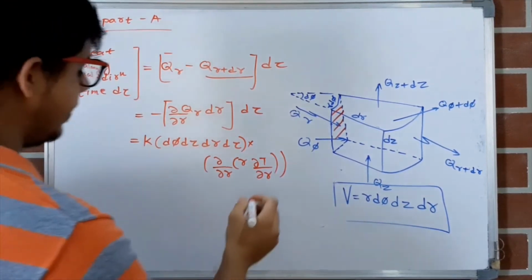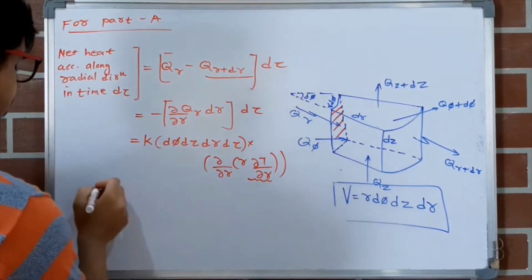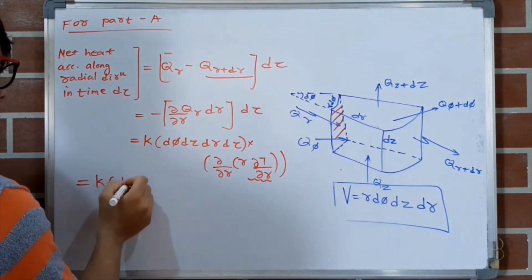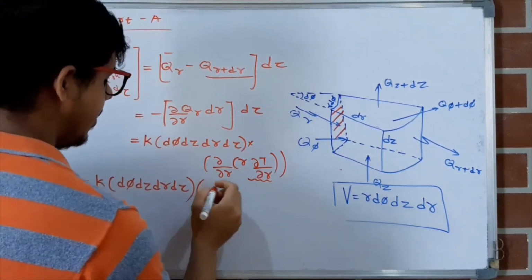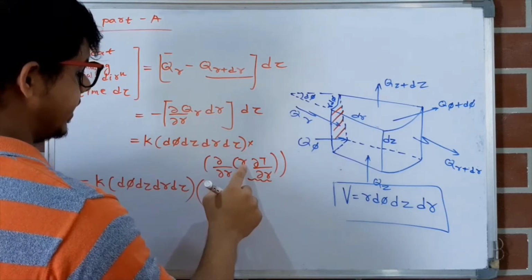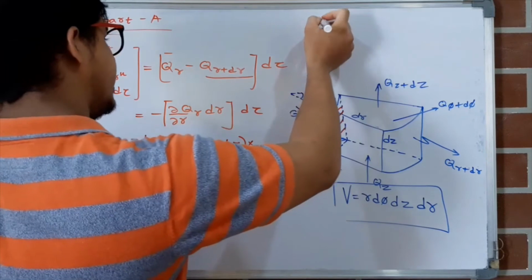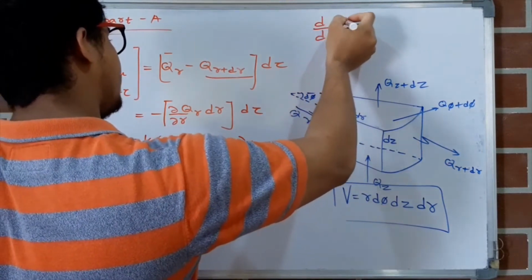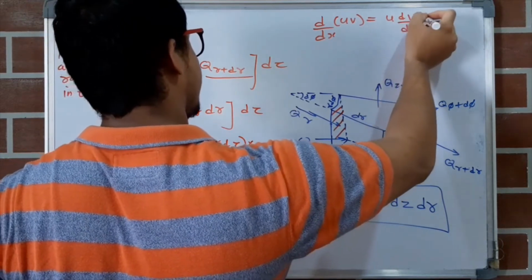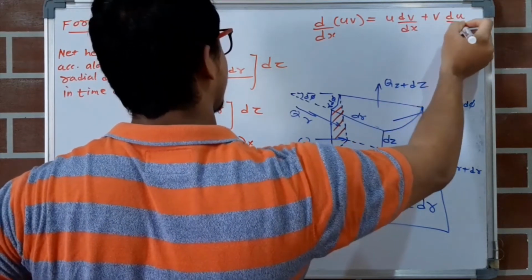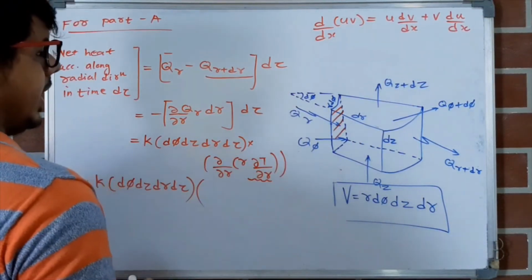Now here we will use the product rule of derivative. So it will be k into dφ dz dr dτ into, first let's say this is u and this is v. If we use the product rule, then d by dx of uv can be written as u into the derivative of v plus v into the derivative of u. Similarly we will apply this. So u is r and v is ∂T by ∂r.